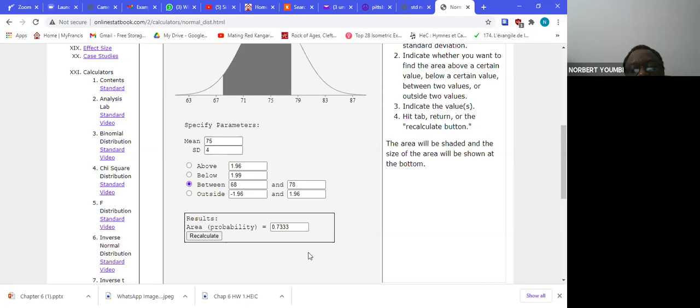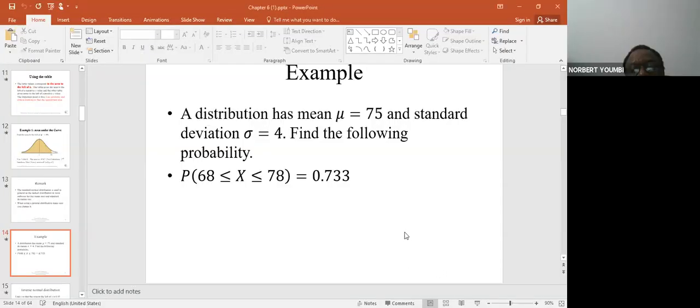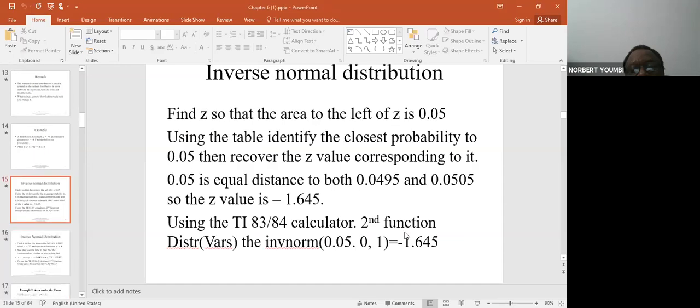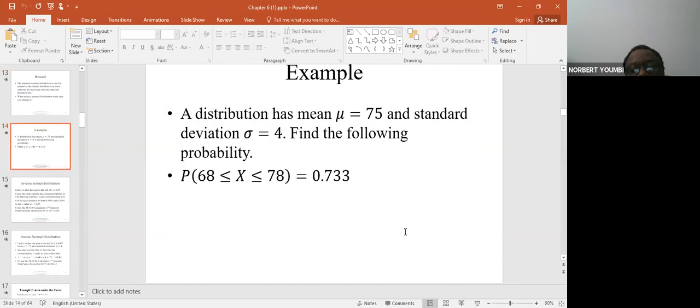The last option which we will do is the one using the table. So I will go back to the PowerPoint. So to find this probability using the table, you are going to first convert this to standard form.